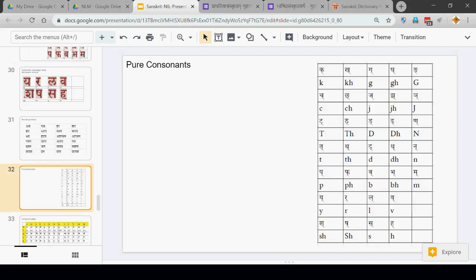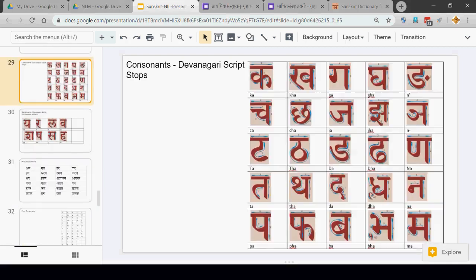Now without adding that a, just the pure consonant part has special symbols. It is represented with special symbols like this, shown in the table here in Devanagari script. So we write the same thing, the same as what we saw before, like this. So all these are still valid while writing the pure consonants.